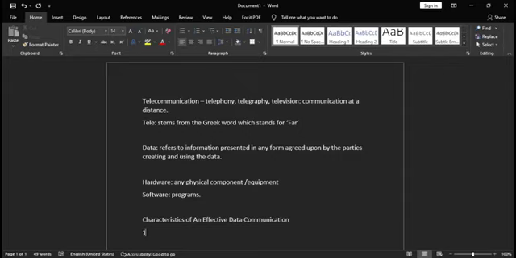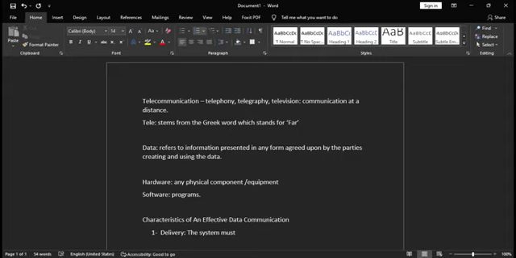The first one, number one, is the delivery. Under the delivery here, we are explaining what we mean by delivery being a characteristic of an effective data communication.